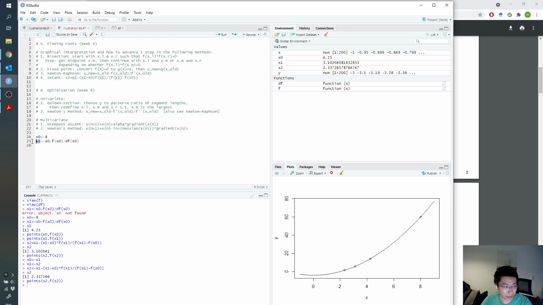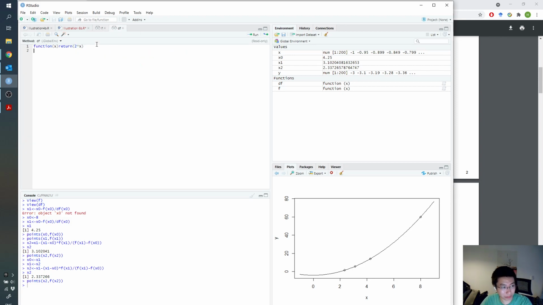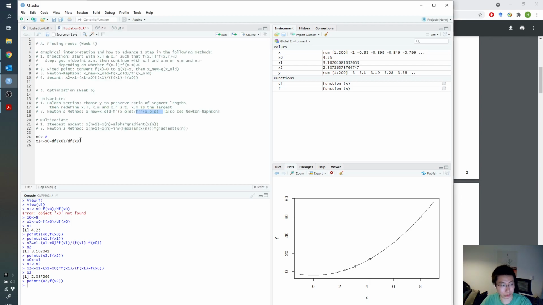And now my new x1 is going to be 8 minus the derivative evaluated there, so df of x0, divided by the second derivative evaluated at x0. So the second derivative here is just the derivative of this. So that's actually just going to be 2, but it turns out that that is a constant. So we can have a look at what happens if I ran this function.